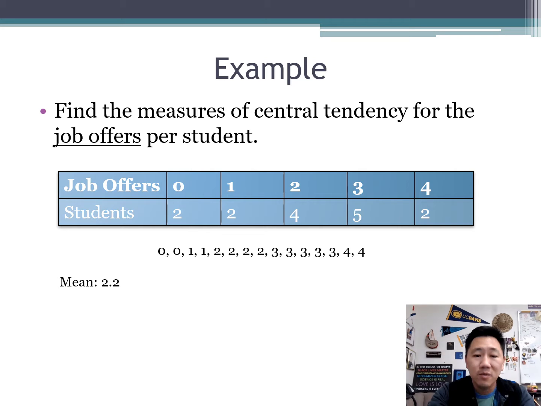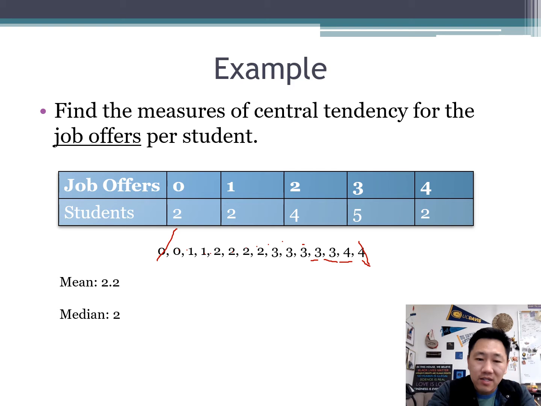The mean is 2.2. If you add them all up and divide by, let's see, 1, 2, 3, 4, 5, 6, 7, 8, 9, 10, 11, 12, 13, 14, 15. So if you add them all up and divide by 15, you should get 2.2. The median is the middle number, so you can physically go from end to end.